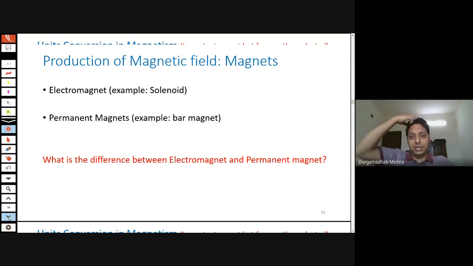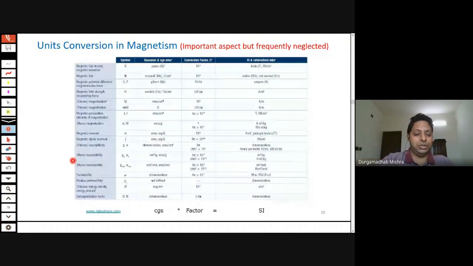One thing I put here is unit conversion in magnetism. In magnetism, you have a lot of units. You have SI units, you have CGS units, and a lot of these parameters: magnetic flux density or induction B, magnetic flux, magnetization H, polarization. You will hear many of these terms depending on who is explaining things to you.